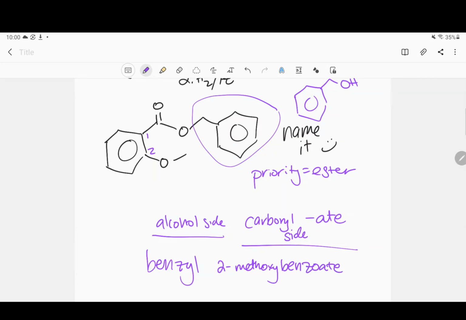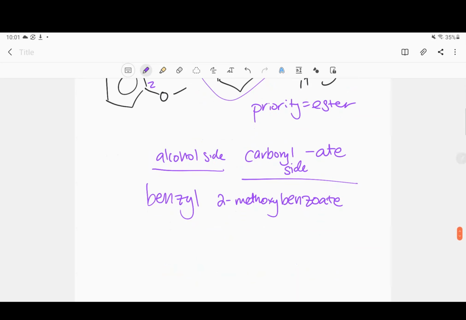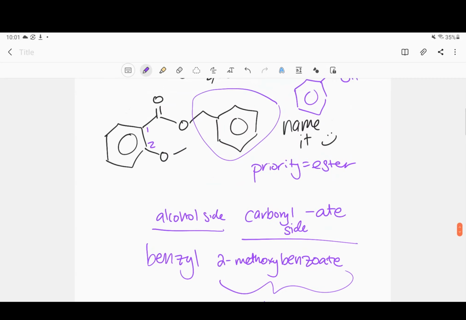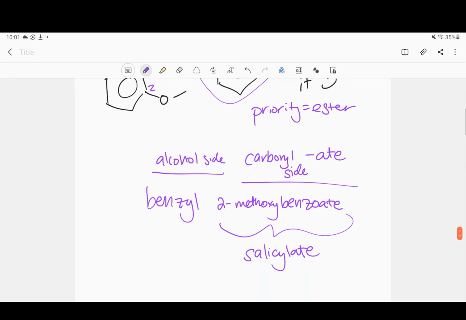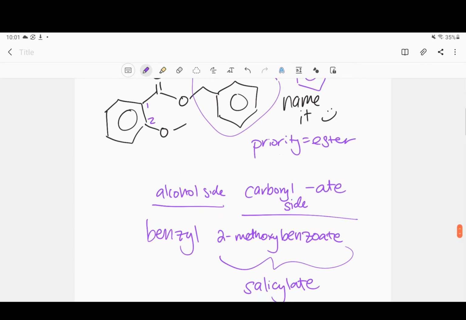So that's benzoic acid, and benzyl alcohol makes the top part, and then we just have that methoxy group on carbon 2. This thing is also called salicylate, but that's a common name. So benzyl 2-methoxybenzoate would be the correct name for this. But if you said benzyl salicylate, you're not wrong.